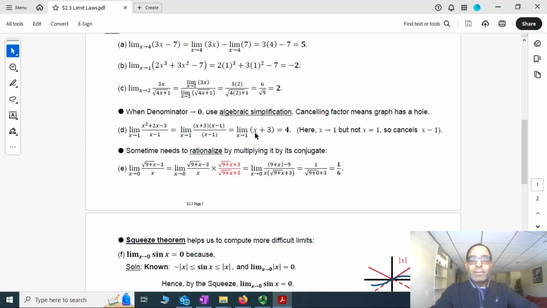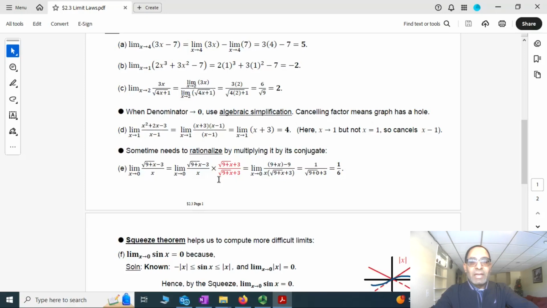Then what we have left over is just x plus 3, no more fractions. Then just plug the value, the last step here. So x equals 1, then x plus 3 becomes 1 plus 3, which is 4. Good.